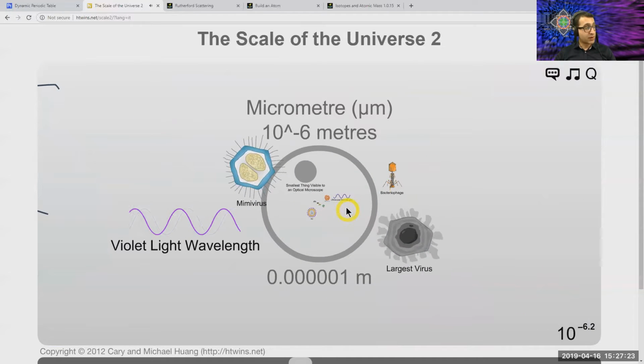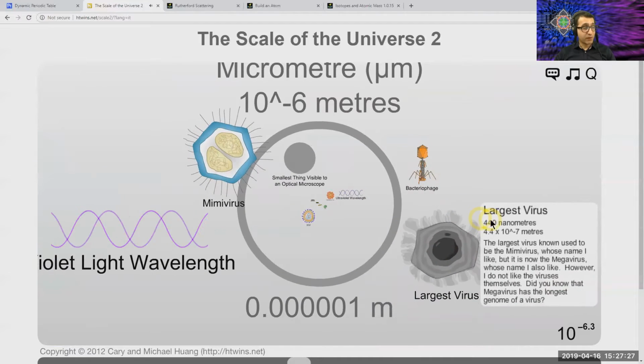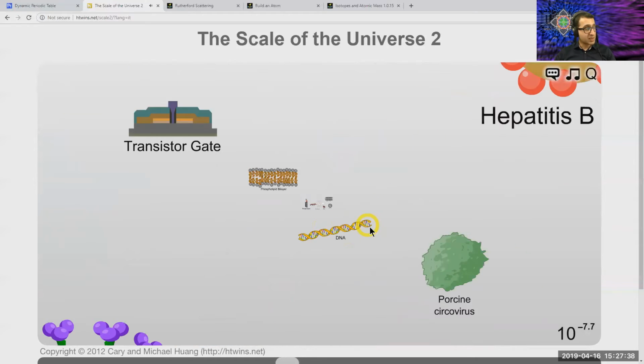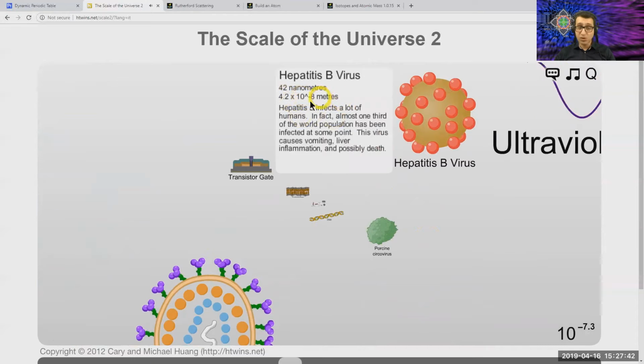So if we go further in, we get to viruses. The largest virus here is about 440 billionths of a meter, 440 nanometers, or 4.4 times 10 to the power minus 7. If we go even smaller, we get to very small viruses like the hepatitis B virus, 42 nanometers, so about 10 times smaller still.